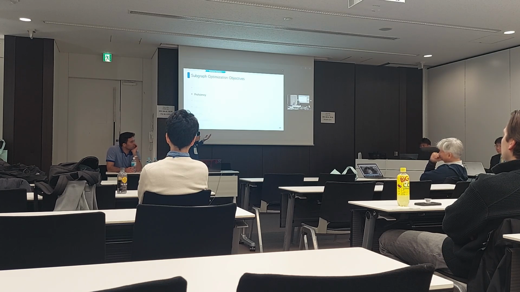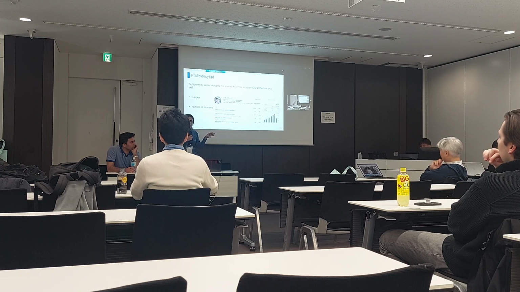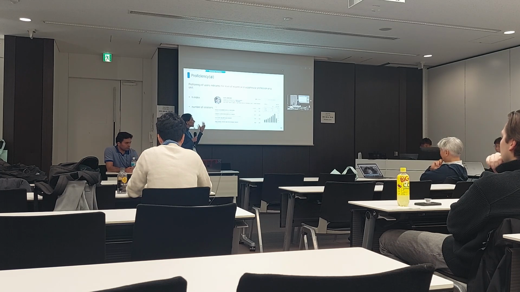After communication cost, I want to mention some about the proficiency. In general, we can say that the proficiency of an expert is the level of expertise, maybe in one of the skills or in the whole career. For example, in the research domain in academia, we can say that the H-index or the number of the citations can be a sign of the expertise.